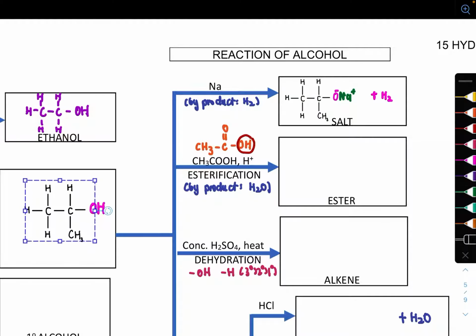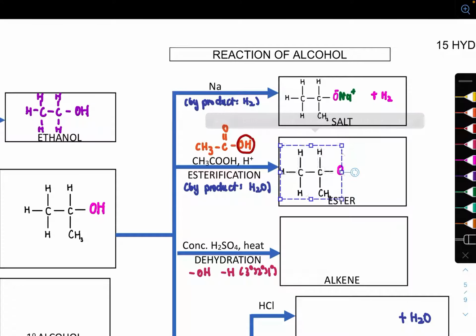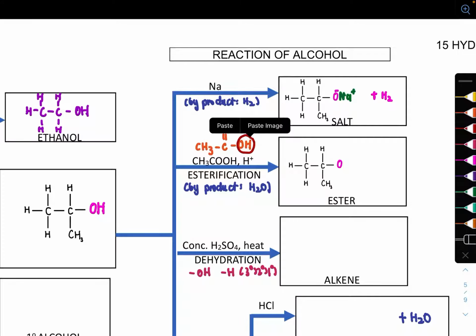Again, from our carboxylic acid, I'm going to remove my OH, but from the alcohol, I'm going to remove my hydrogen. Only then do we form the byproduct H2O, and we form the ester.